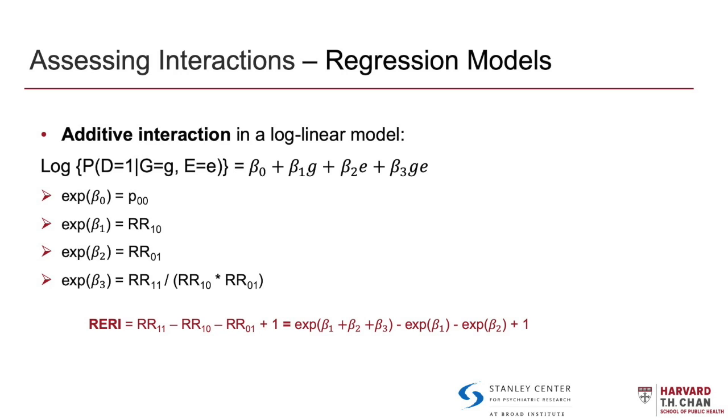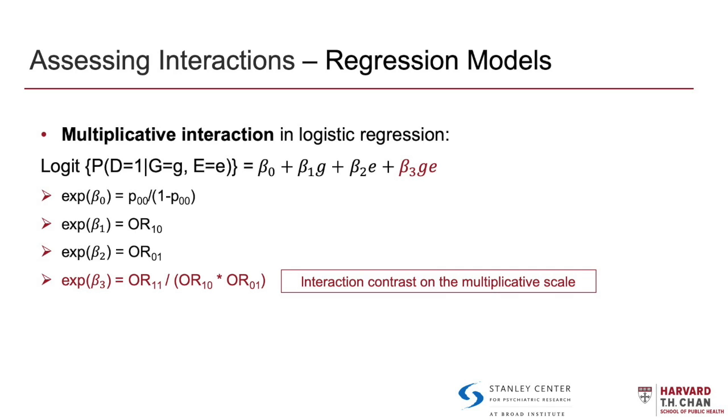And this is something that will be covered in the biostatistics lecture. But briefly, what we are saying is the RERI could be calculated as the joint subtracted by the individual plus 1. And this is consistent with what we have done for the linear model.